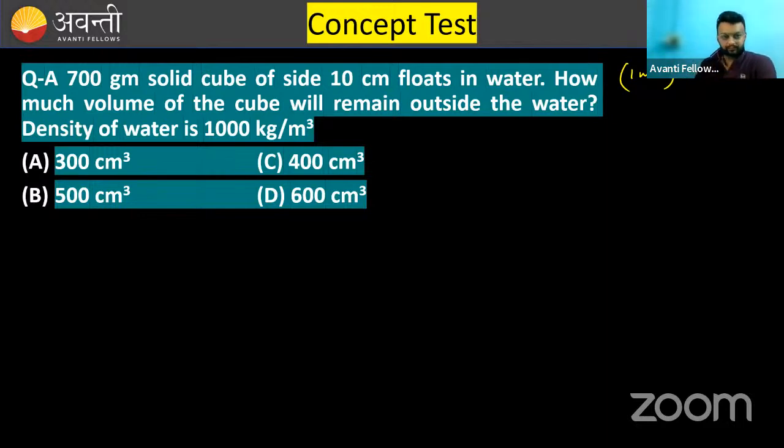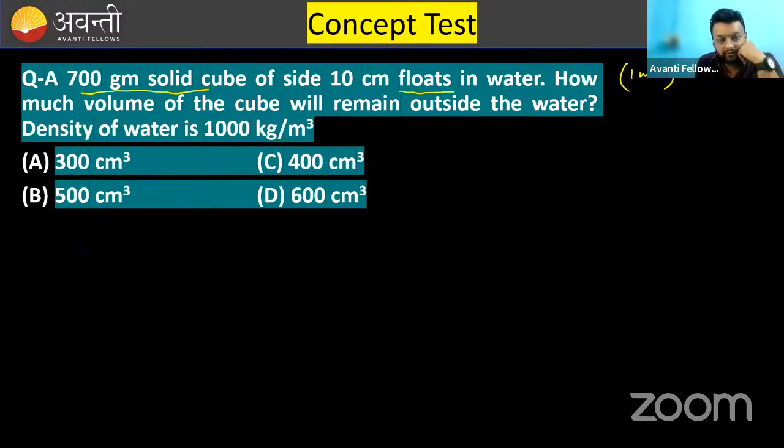Actually, look at that. First thing that I have seen, the mass of the solid cube is given, and it floats. That means it's in equilibrium. How much volume of the cube will remain outside the water? Now listen to me. I don't know what the volume outside the water is.